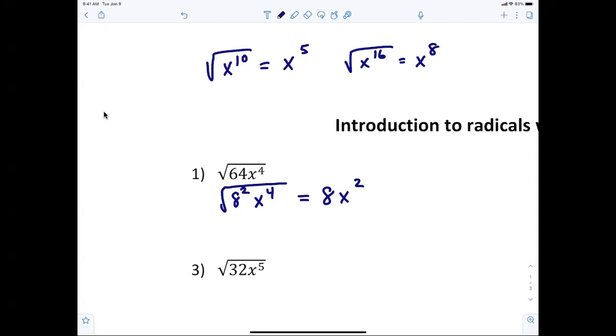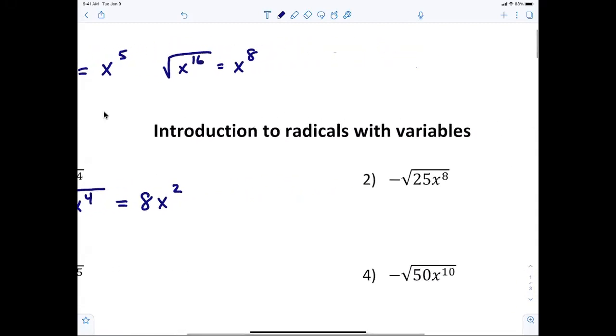The problem comes when we have an odd power. So please listen to the odd power. If I say, for example, x to the 5th, how many groups of 2 can you take out? 2. So the answer is x squared, and 1 guy is left behind. That's the answer.